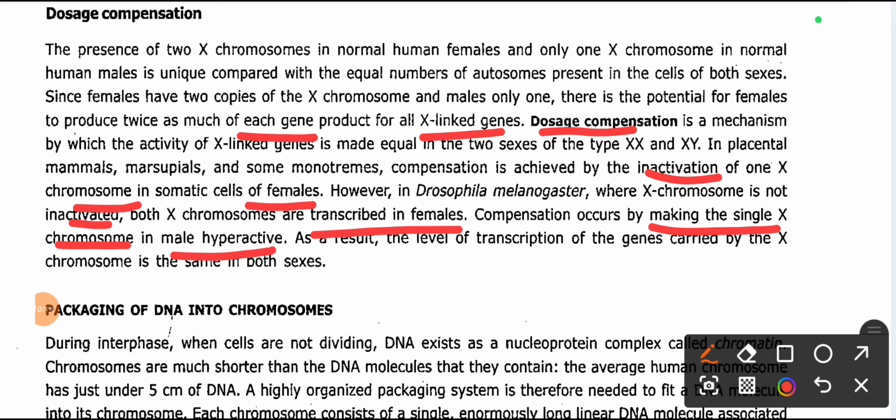The male is X0, and its single X chromosome is hyperactive, while females are not hyperactive but both X chromosomes are expressed. As a result, the level of transcription of genes carried by the X chromosome is the same for both sexes.